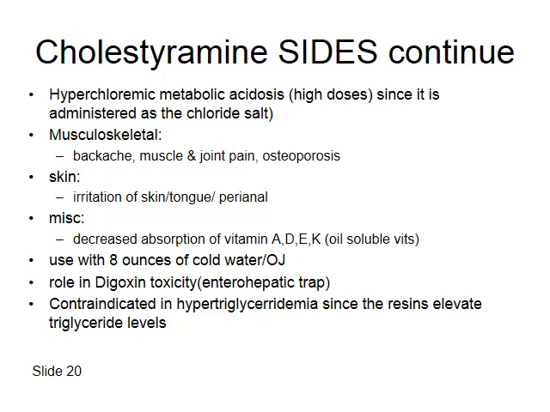Decreased absorption of vitamins, particularly the fat-soluble vitamins, has been reported. Usually the compound is taken with 8 ounces of cold water or orange juice. It has an important role in digoxin toxicity, but it is contraindicated, as we mentioned earlier, in hypertriglyceridemias, since the resins do elevate triglyceride levels.